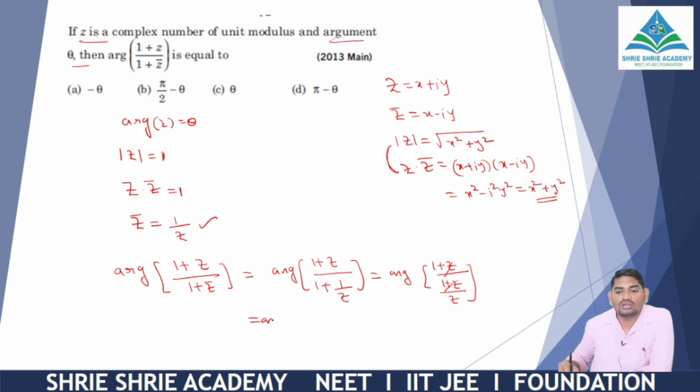Finally we got the argument of Z. So what is the argument of Z? Which is equal to theta. So the third option is the correct answer.